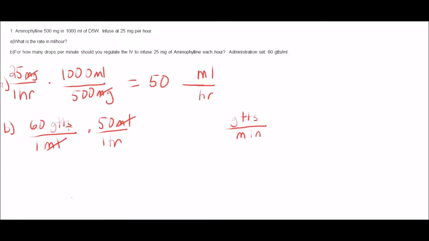But now we're in a situation where we have drops per hour and we want drops per minute. So we need another fraction here. Well, we know there's 1 hour per 60 minutes. So again, those hours cancel, and now we're in drops per minute. And then we can either multiply all this together, or we can notice that these 60s will also cancel. So we end up with 50. So the answer there is also 50.